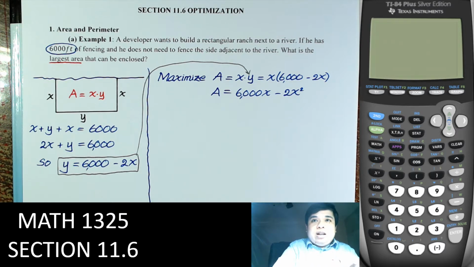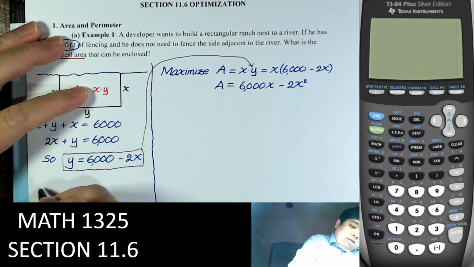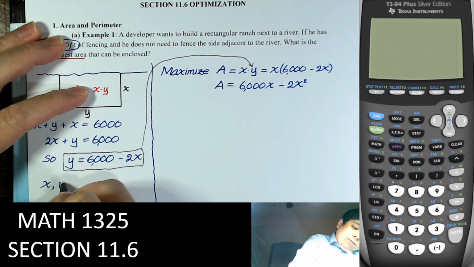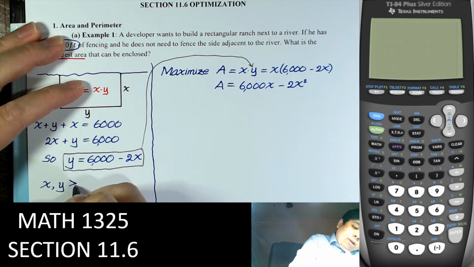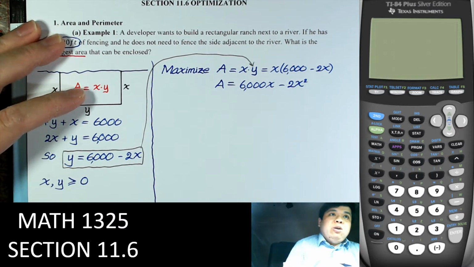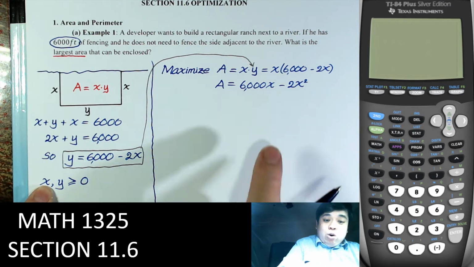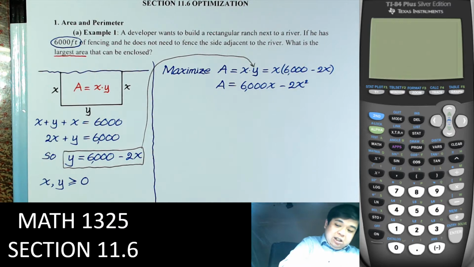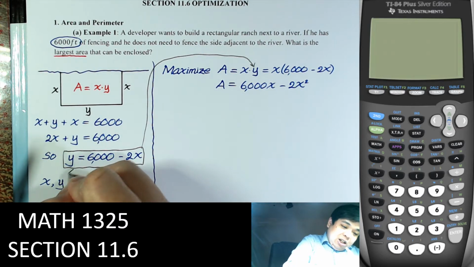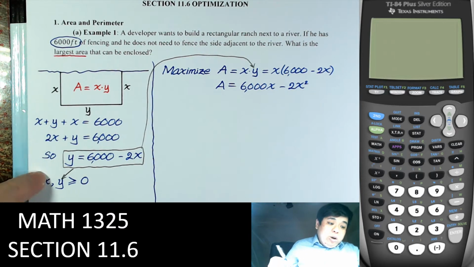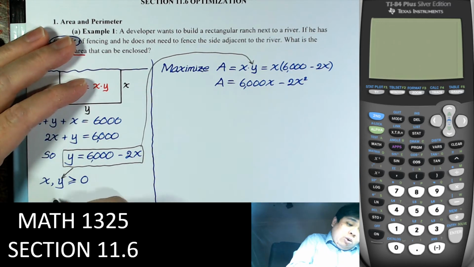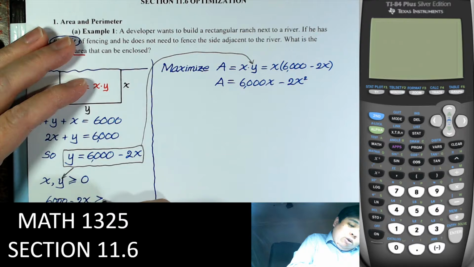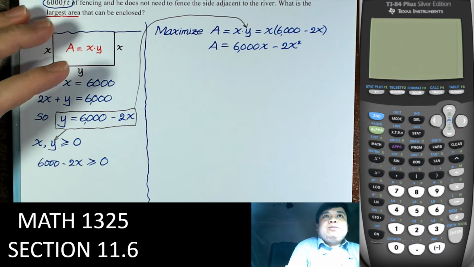So let's start with that. The measurement cannot be negative, right? So I have x greater than or equal to 0, which is good. Now what is y? So why don't we substitute that in as well? So not only do we want x to be greater than or equal to 0, we also want 6,000 minus 2x to be greater than or equal to 0 as well, right?